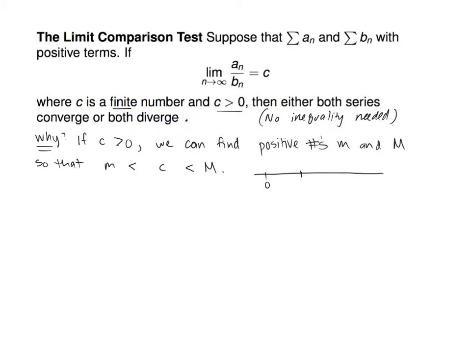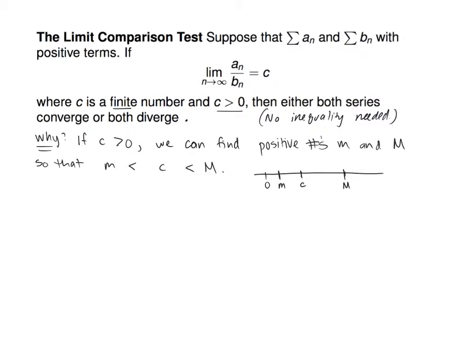Here's 0, here's your number c. C is some positive thing, right? You can pick some positive number m that's below that c, and some other positive number M that's above that c. If your c was 0.5, little m could be 0.4, and big M could be 1. But no matter where your c is, you can find these things. Does that idea make sense?